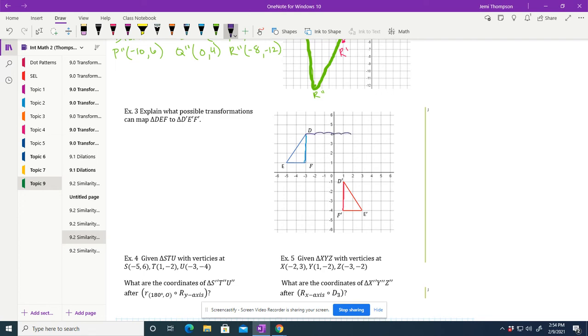So if I go 3 more units in the other direction, I get a new D. And same thing for F. It's 3 units away from the y-axis. So when I reflect it, I get a new F. And then E is 5 units away. So I reflect it over and I get a new E. So I end up with this triangle.